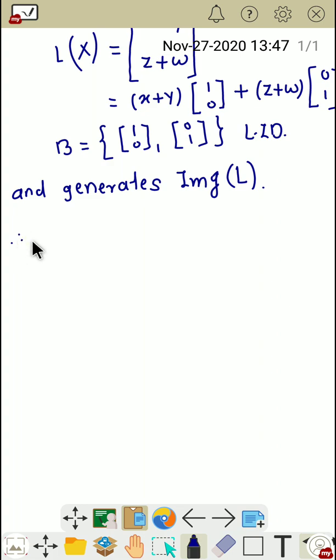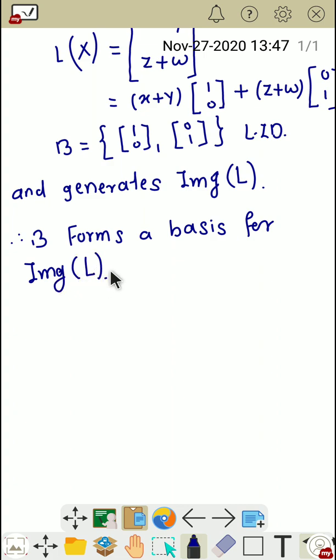Therefore, B forms a basis for the image set of L, and therefore the dimension of the image set of L is equal to 2.